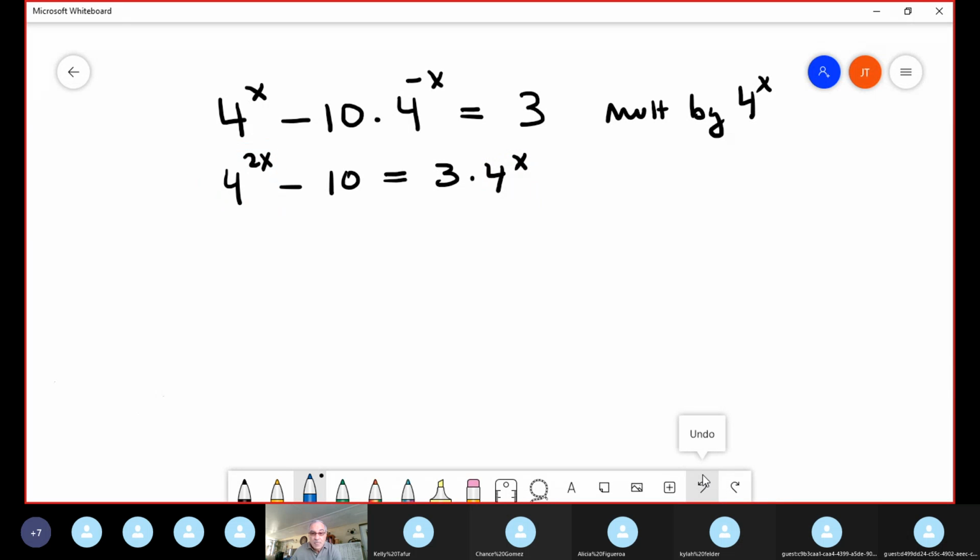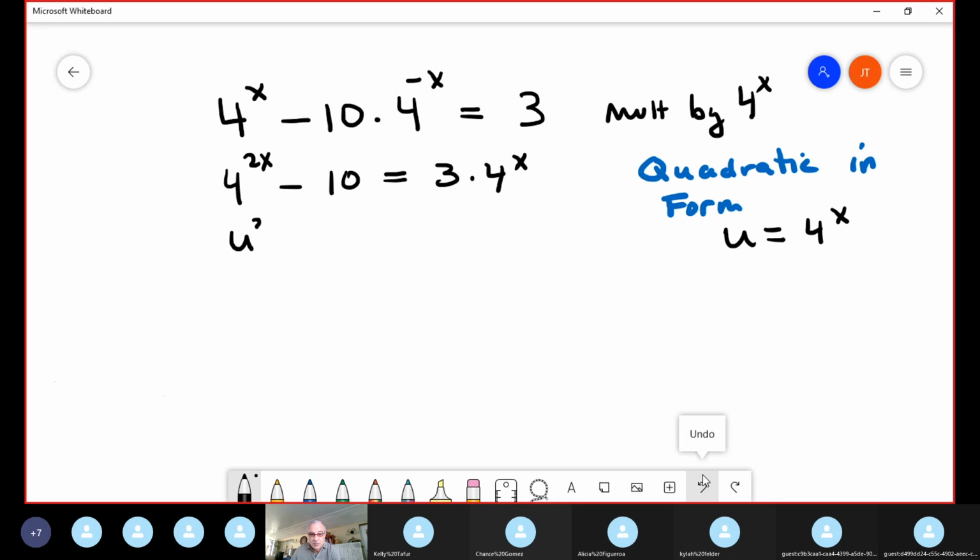Well, first of all, the name is quadratic in form. And the strategy is to define one auxiliary variable u equal to 4 to the x. Because you are doing that substitution, this is u squared minus 10 equals 3u. And you convert this exponential equation into one quadratic equation. It's not already in standard form.